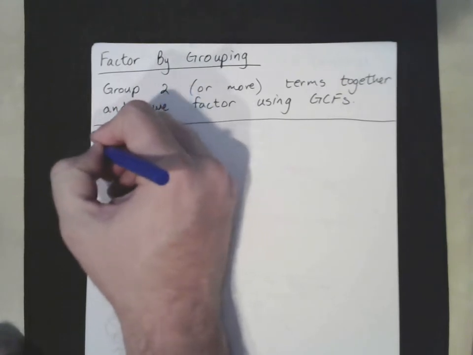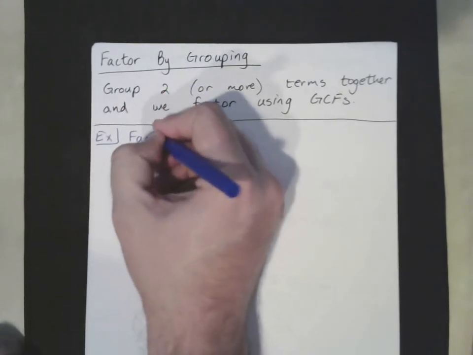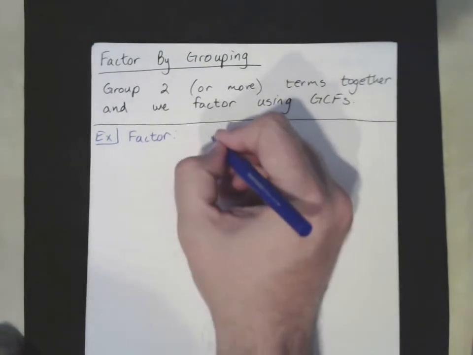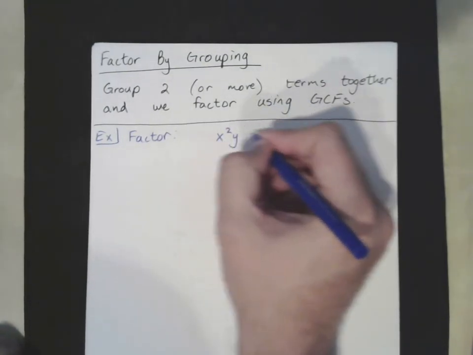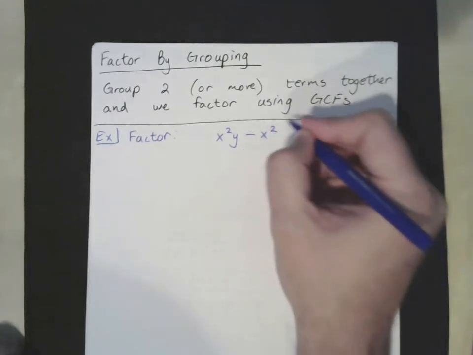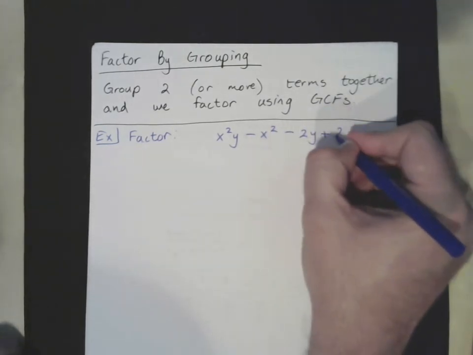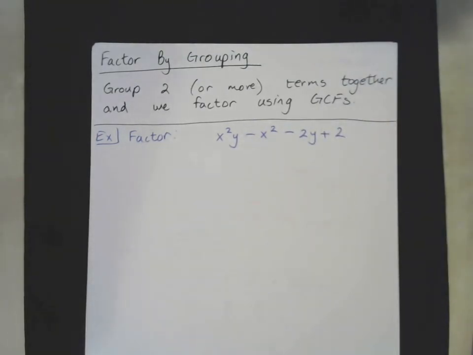So let's say we're told to factor a particular expression, which is x squared y minus x squared minus 2y plus 2. So it's a big thing. It's not a trinomial. It's not a binomial.